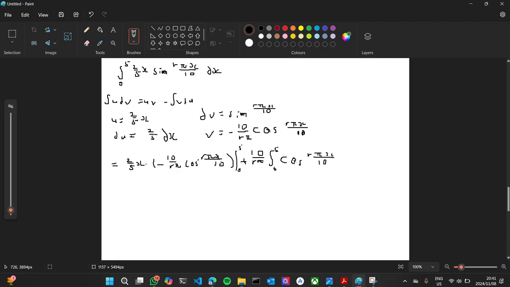We are diligent students. Anyway, 2 over 5 dx. And I'm just going to multiply that in here, so this becomes 4 over pi, because that will divide that to 2 and then multiply that by 2 will give you 4.